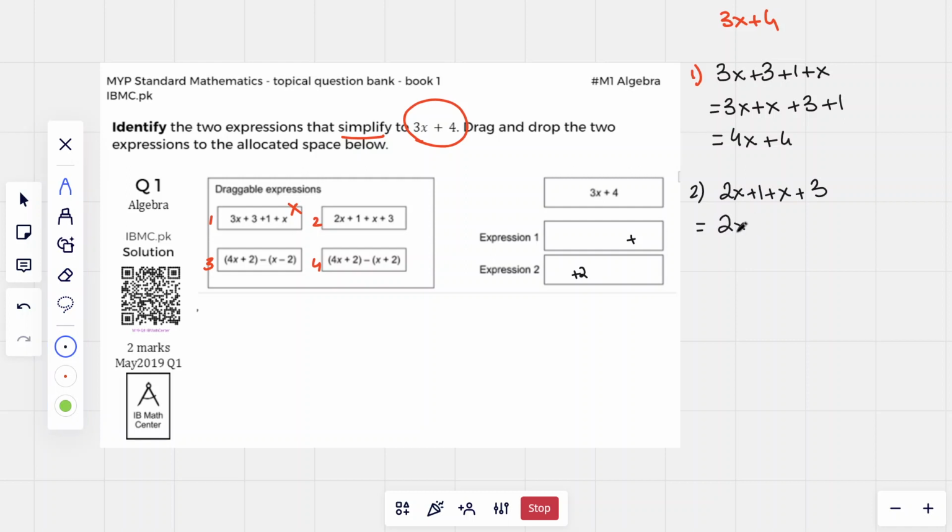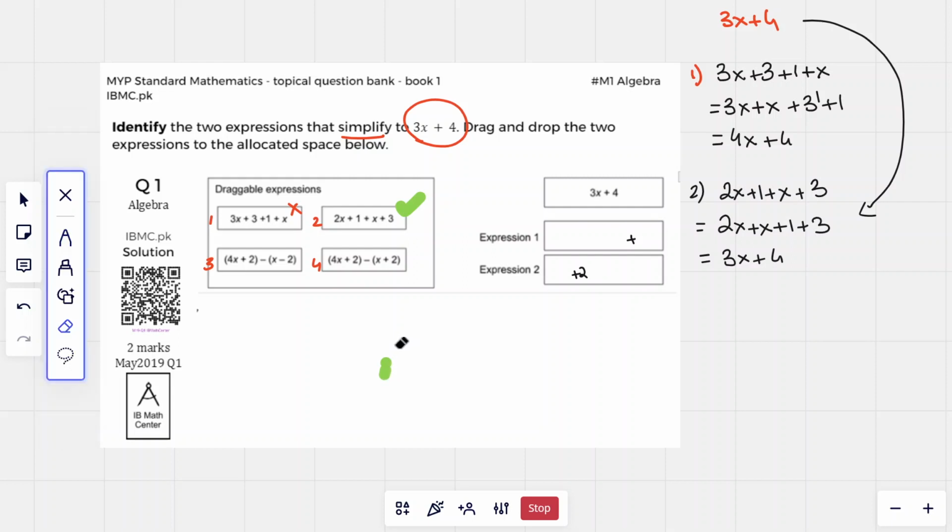So we could have 2x plus x and then plus 1 plus 3. 2x plus x is 3x and 1 plus 3 is 4. Does this equal 3x plus 4? It does. So this is the correct answer. Moving on, let's work with the third one.